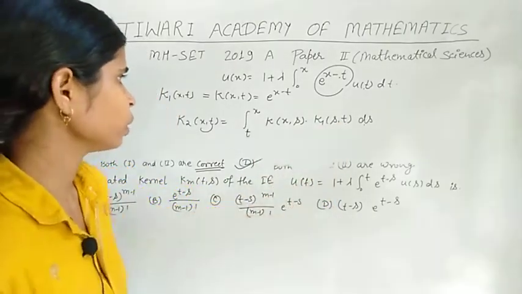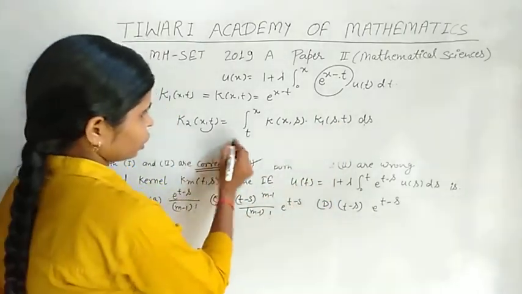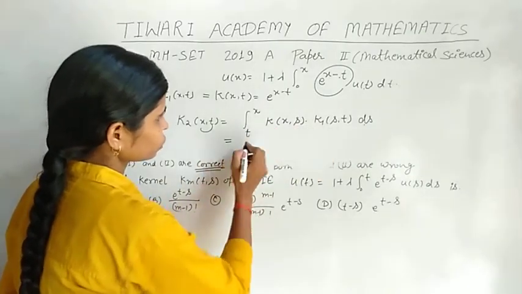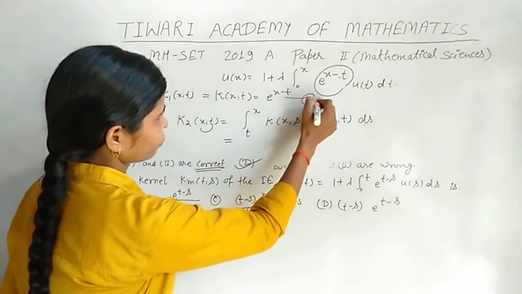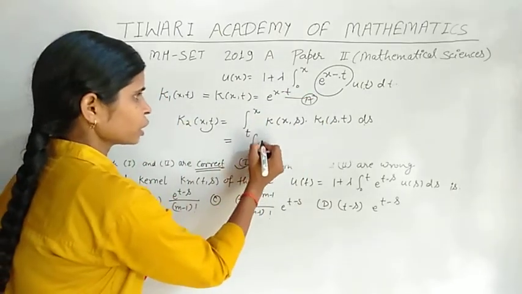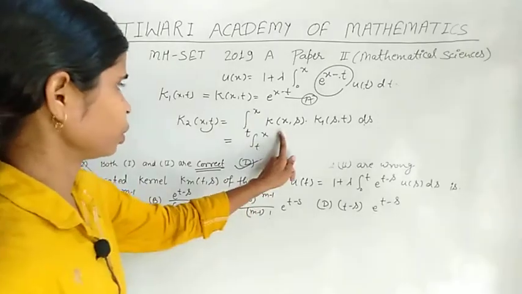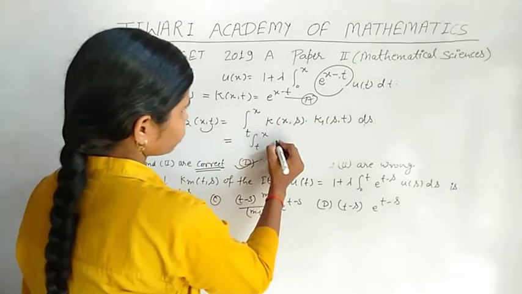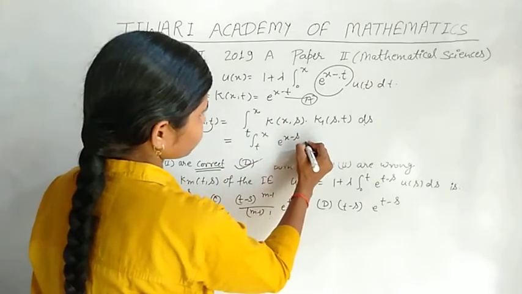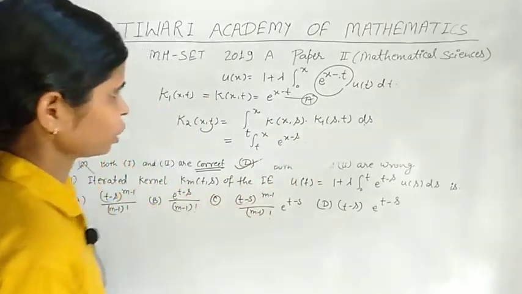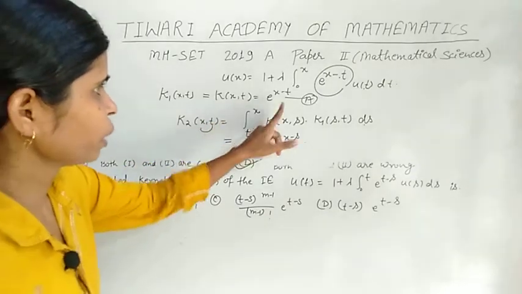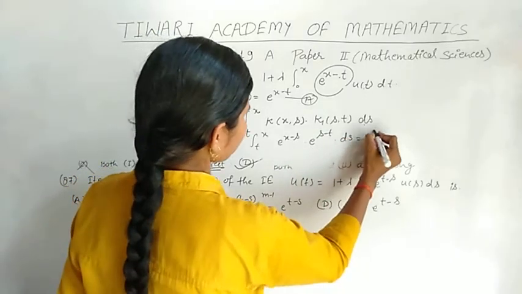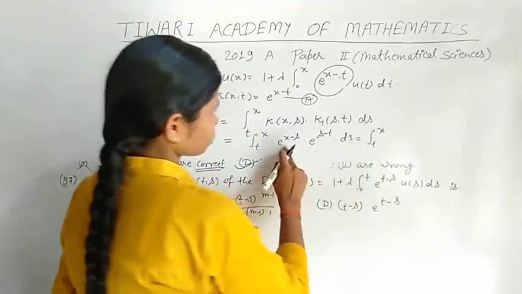Put the values by this equation A. Integration t to x, K x s, here t is replaced by s, e raised to power x minus s, into K1 s t, here x is replaced by s, e raised to power s minus t, into ds, is equal to integration t to x.